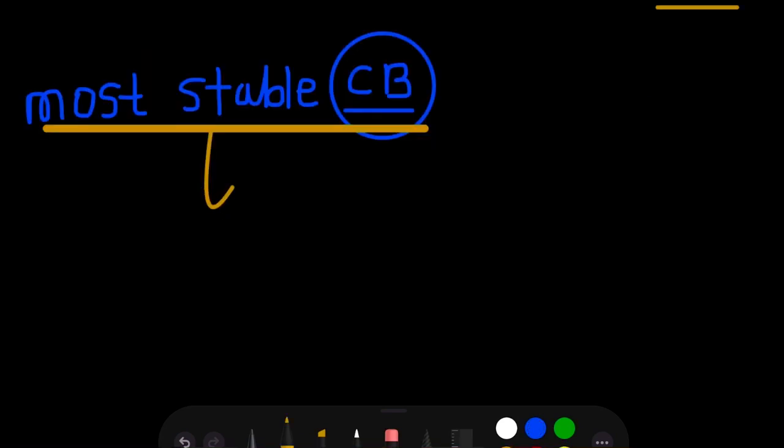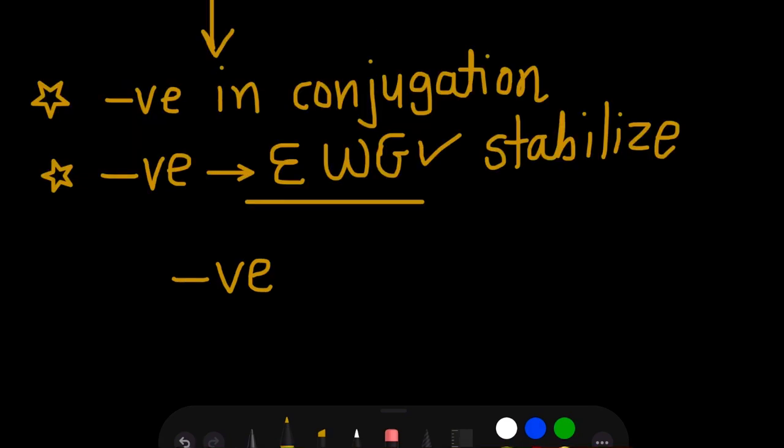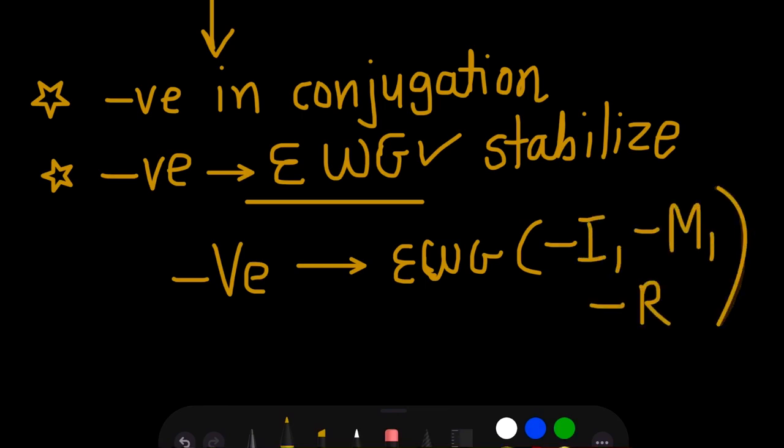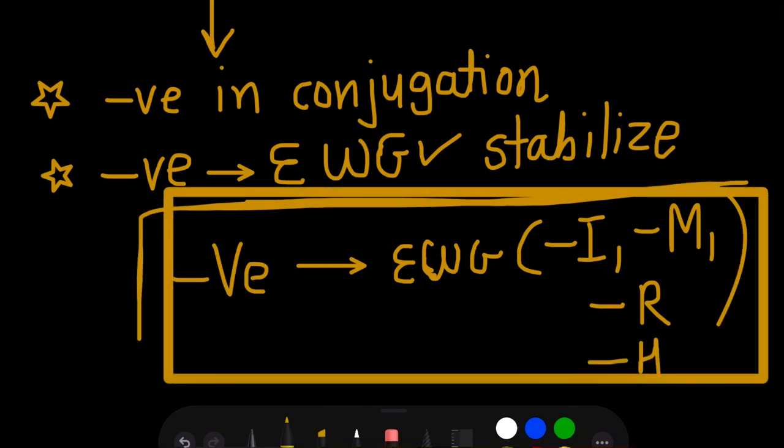The most stable conjugate base is because of the negative charge in conjugation. Remember, only the negative charge is stabilized by electron withdrawing groups. That means the minus I, minus M, or minus R, or minus H group.